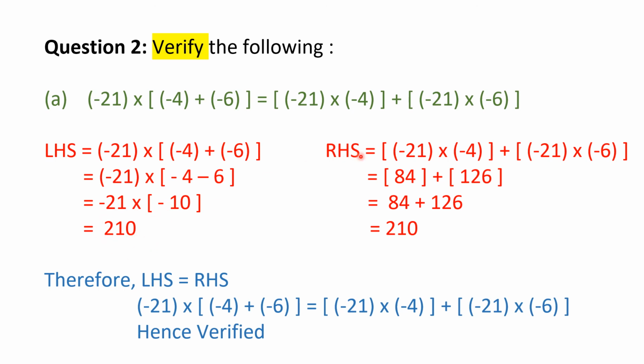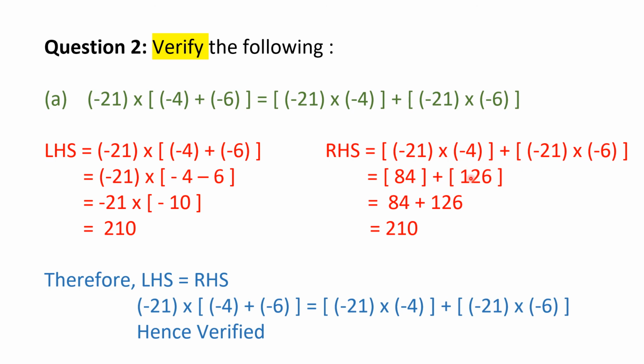Now the next is the right hand side. Right hand side is this side. So what do we do? First we solve the brackets. So 21 into 4 is 84. Minus minus is plus. So plus 84, right? Like that itself here also. 21 into 6 is 126. Minus minus plus.